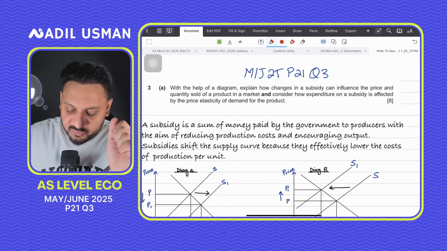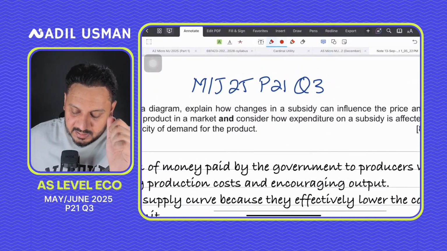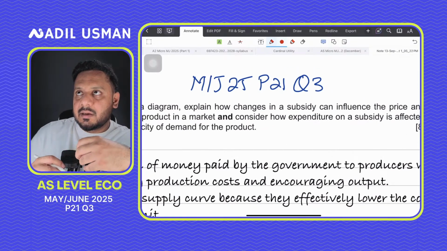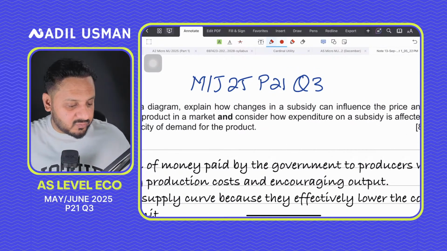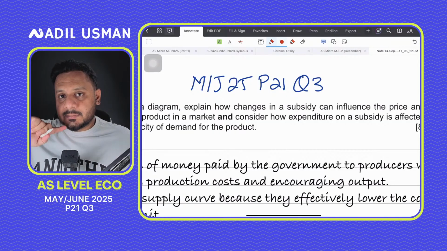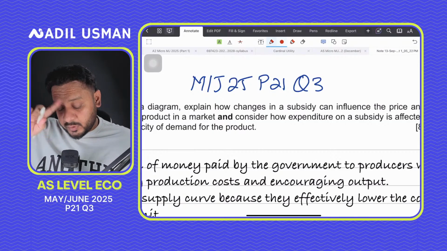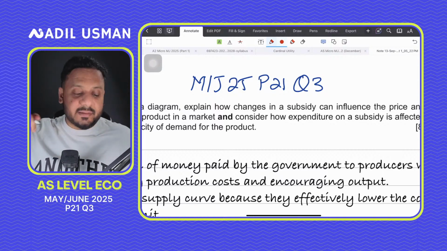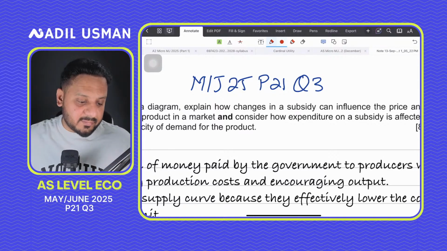Majority of the students, for this paper, usually explained from the perspective of an increase in subsidy, but they totally excluded the decrease in subsidy part.